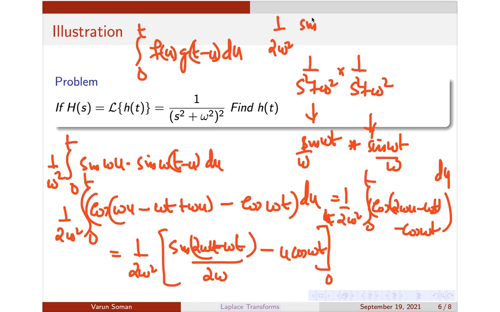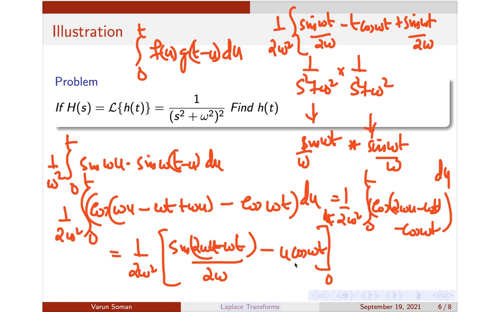Here we will be getting minus t cos omega t, and now substitute 0. When you substitute u as 0, you will be getting minus of sine of minus omega t, and minus of sine of minus omega t is plus sine omega t, so we will be getting plus sine omega t by 2 omega.